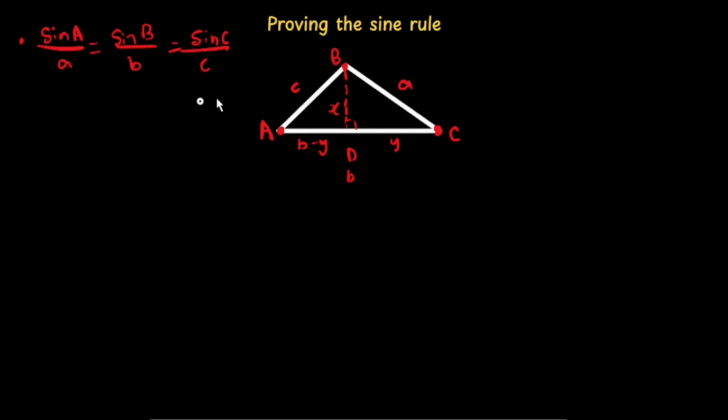And I could also invert this formula to make the sides the subject of the formula, and that just makes it that much easier for us to work with. So that would now become a over sine A is equal to b over sine B, which is equal to c over sine C.